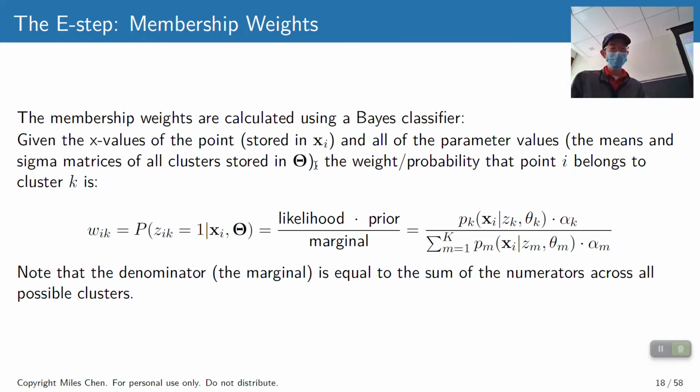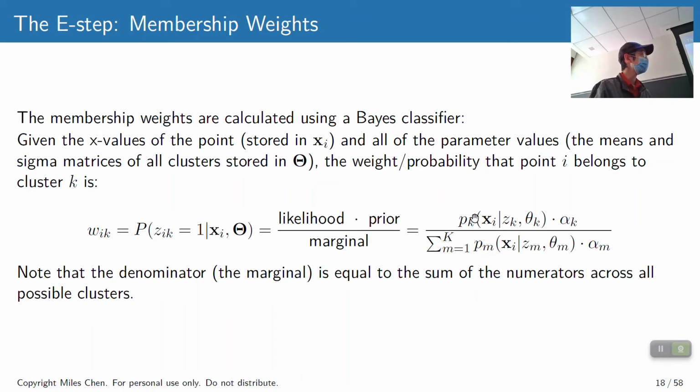When we calculate the membership weights, this is our E step. This is like figuring out the missing value of which cluster a point belongs to. We use the Bayes classifier. Given the x values of the point and all of the parameter values, the probability that a point belongs to cluster k is the likelihood times the prior divided by the marginal.